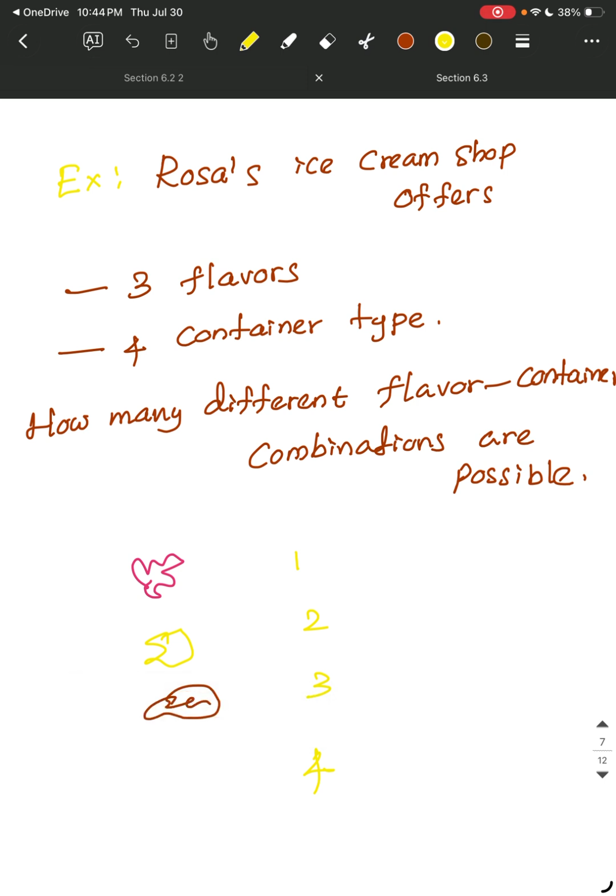The first choice is the flavor. There are 3 choices: strawberry, mango, and cherry. The second choice is the container. We have 4 choices. Therefore, we have 3 times 4, 12 possibilities. So, let's generalize this multiplication principle.